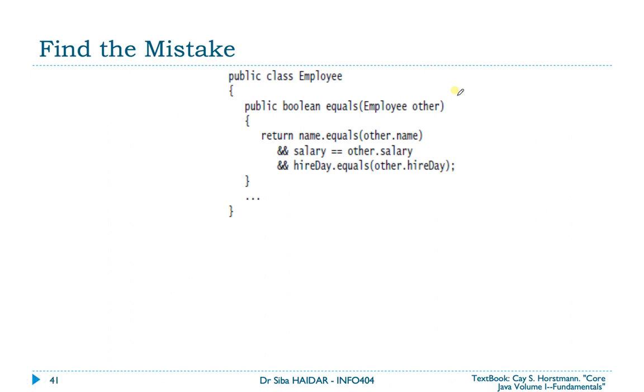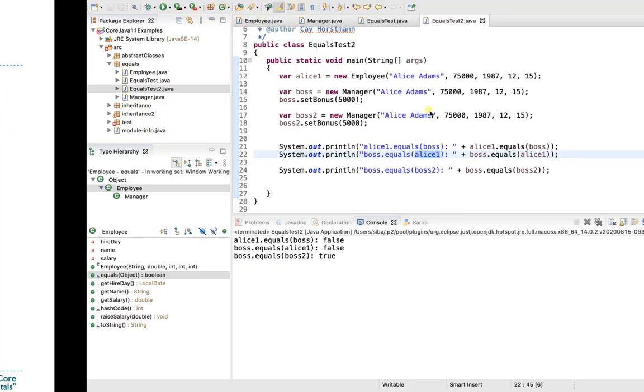What is this mistake? There is a very big mistake because here inside class Employee you declare public boolean equals(Employee other), and this is not overriding, because for overriding you must have the same method name and the same parameters, and this is not the same parameters as in equals.